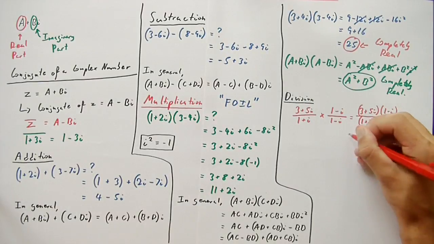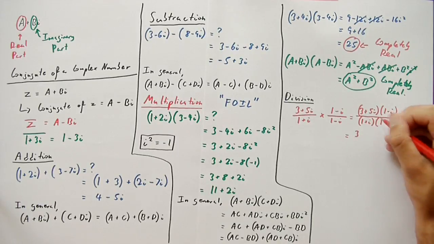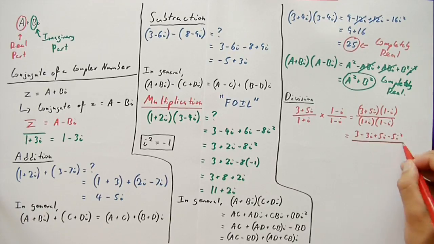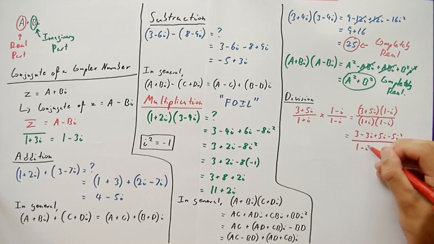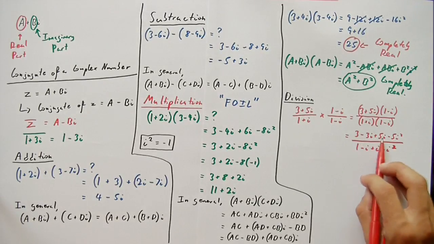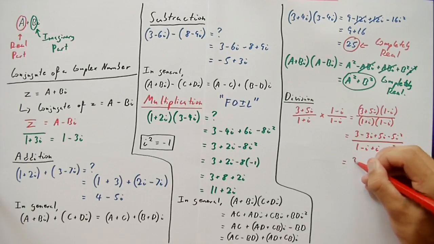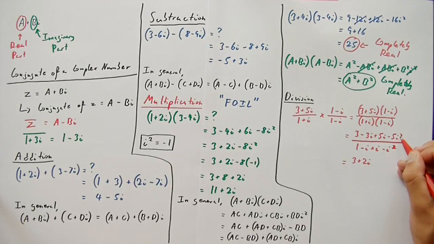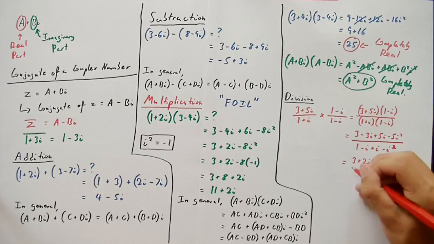Now expanding all of this gives us 3 minus 3i plus 5i minus 5i squared, all divided by 1 minus i plus i minus i squared. Looking at the top, we've got minus 3i plus 5i, which is just 2i, and this minus 5i squared is going to become just 5.